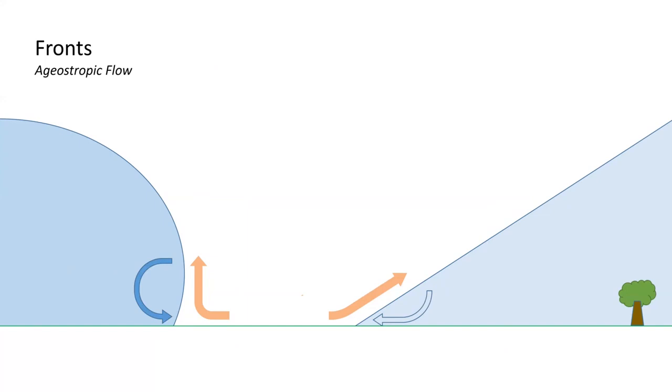And here we're just concentrating a little bit more on this ageostrophic flow, where even within the front itself, there's circulation that reinforces the convergence of the cold front and the warm sector on this left-hand side, and also cool air.